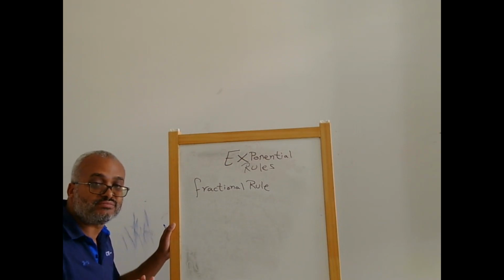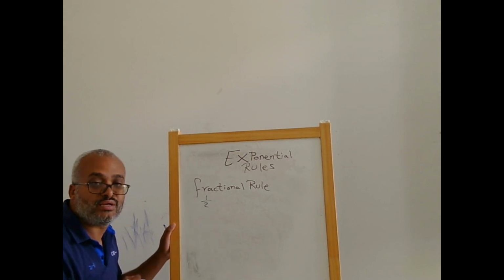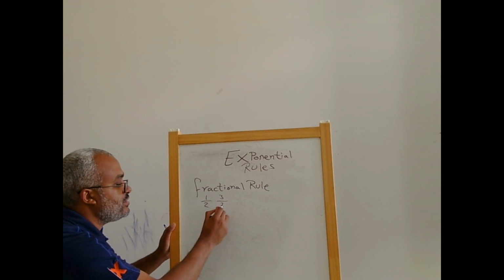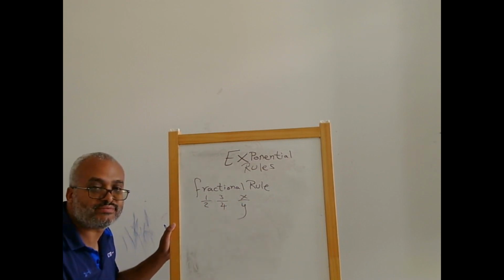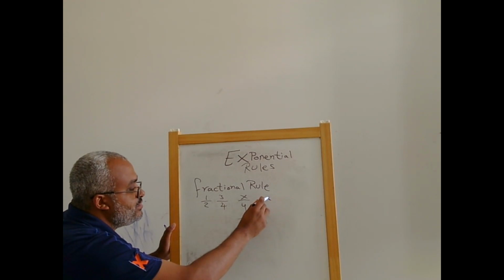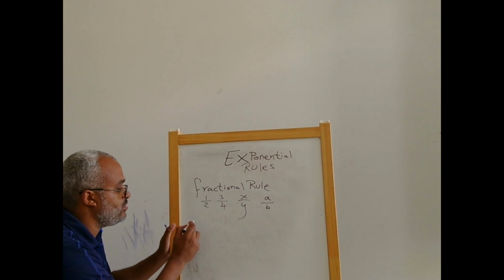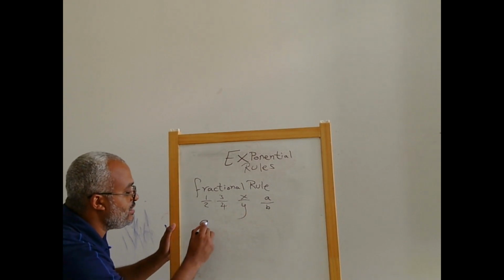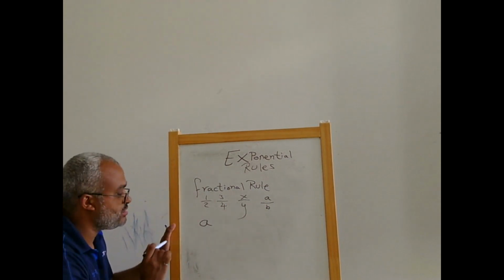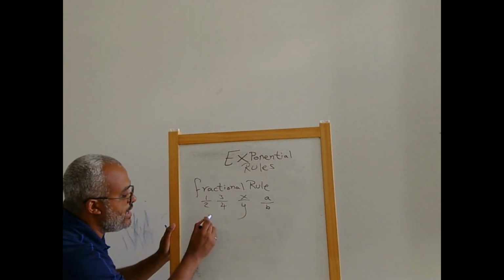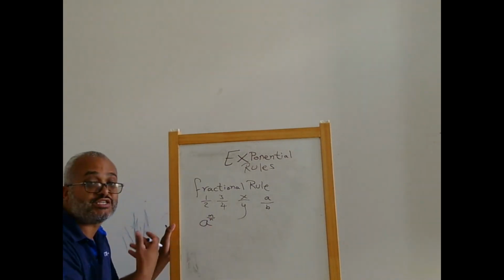It's a fraction. So what's a fraction? 1 over 2 is a fraction. 3 over 4 is a fraction. X over Y is a fraction. A over B is a fraction. So what is this rule? You have A, let's say. Remember, we're dealing with exponents. So your exponent will be m over n. So your exponent is a fraction.